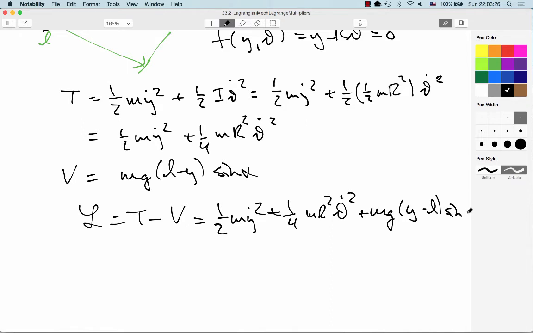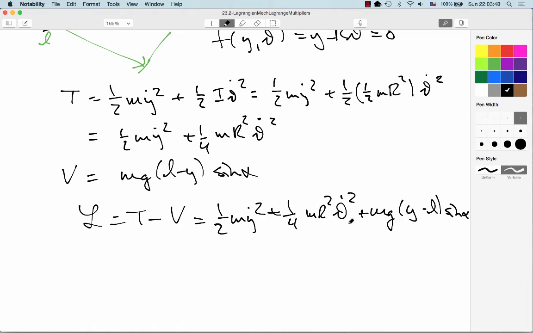sine alpha. Super. Now, normally, if you didn't care about the constraint forces, at this point we would pick either theta or y, probably y to be my go-to one here. And I'd be looking at this and going, my God, that's y dot squared, and I would insert that and turn the crank.